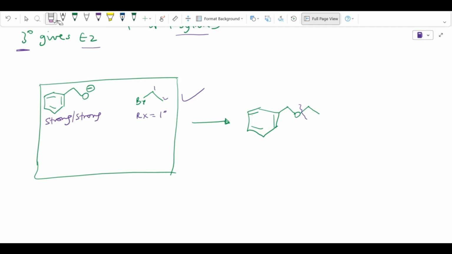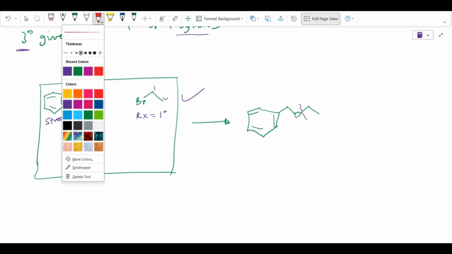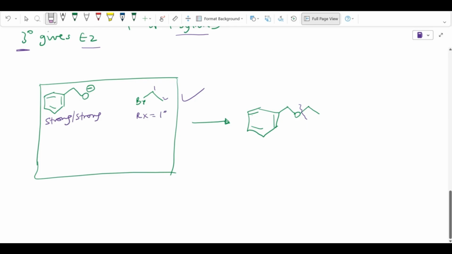Another way we can split this molecule into two is to split it through the other bond. So if you did that, then we would have two fragments. We will have the benzylic fragment, and then we would have this alkoxy group. Again, you want to convert these fragments into meaningful reactants.